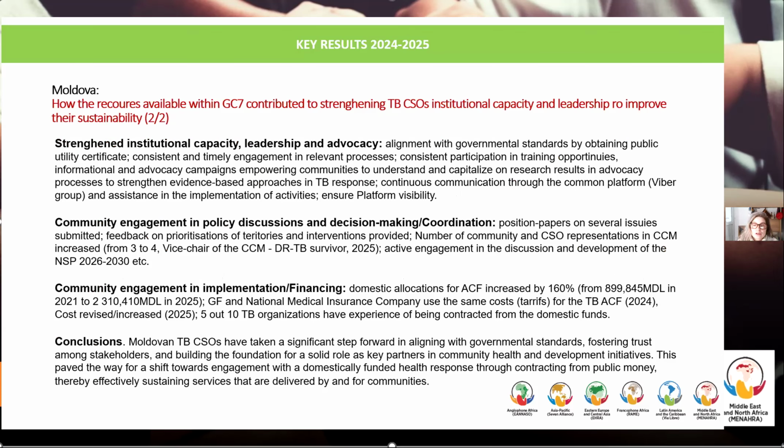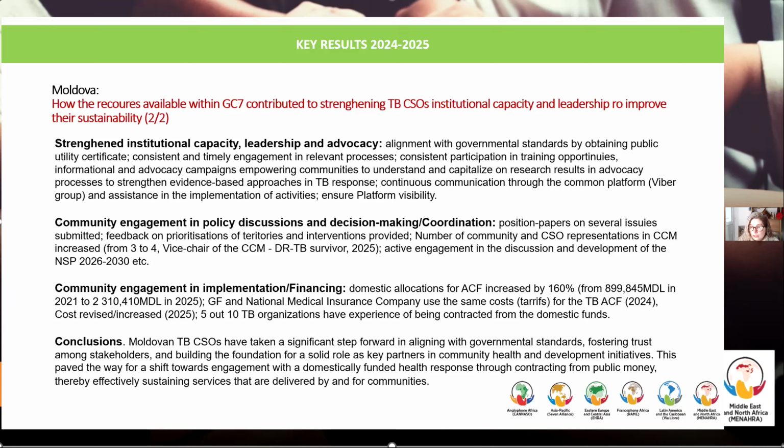What the resources contributed and what the results are is actually that we managed to do a lot of good things. Speaking about strengthening institutional capacity in developing leadership and advocacy, we managed to align with governmental standards, which, openly speaking, the Global Fund is actually looking at, the governmental standards within the countries, because if we are not aligning to what the country is doing, what the costs of the services are, we are bound to miss opportunities.